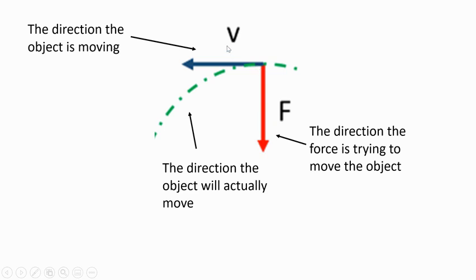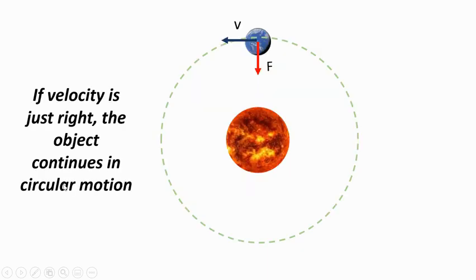But because there's a velocity and a force, the resulting motion is a compromise between the two, and that's how you get this green curved dashed line right here, which shows which direction the object is actually going to go.